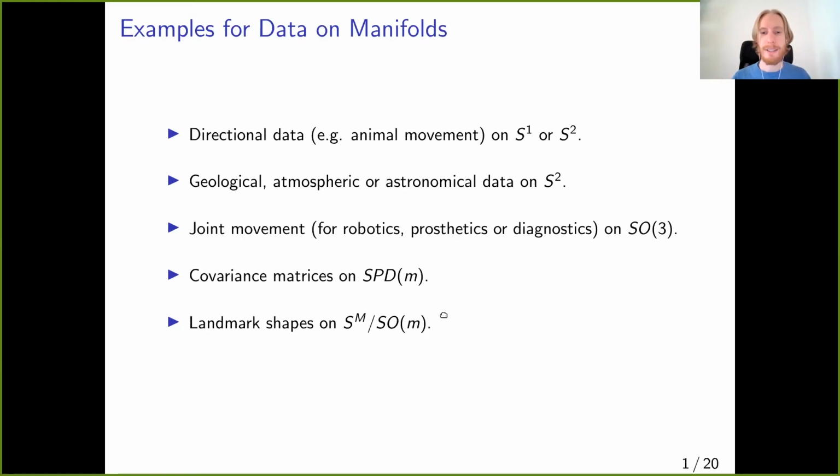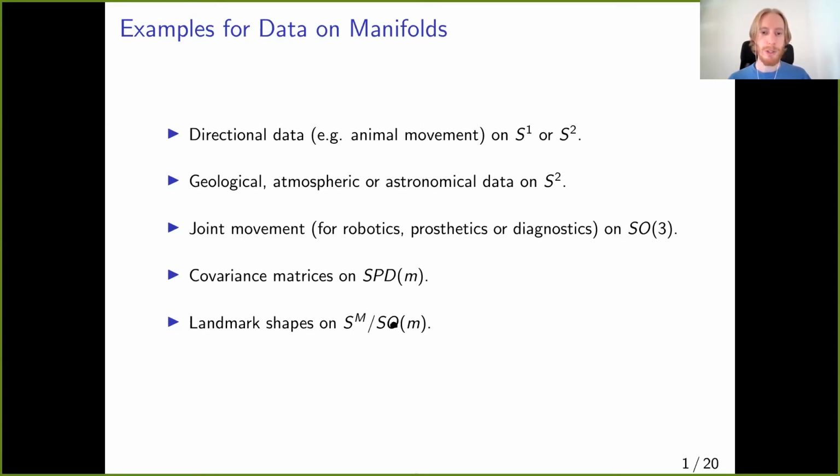So you have these several points, and then you would like to factor out translation, so you subtract the mean of all these landmarks. You would like maybe to factor out scaling, because you can have zoom effects in images. So if you want to do facial recognition, you might want to factor out the scale, and that will give you a point on a sphere.